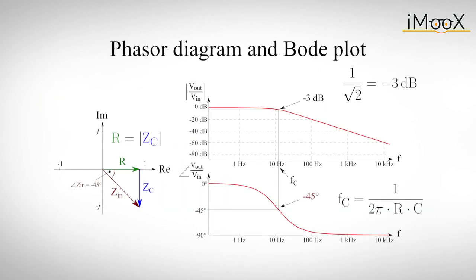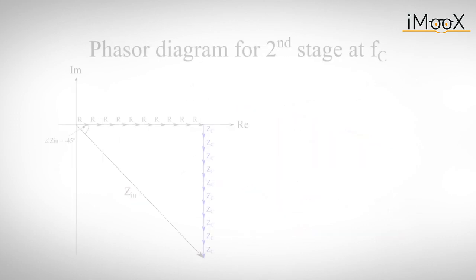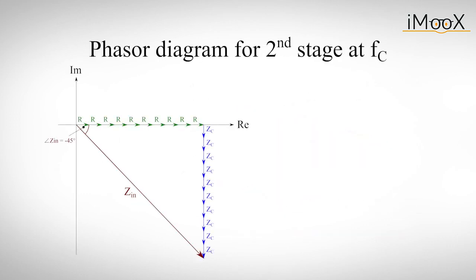As we have seen in our last video, the corner frequency is defined where the value of the resistor R is equal to the length of the impedance vector of the capacitor ZC. If we want to increase the resistance to 10 times its original value, we must also increase the length of the vector ZC at this exact frequency by 10 times its value.